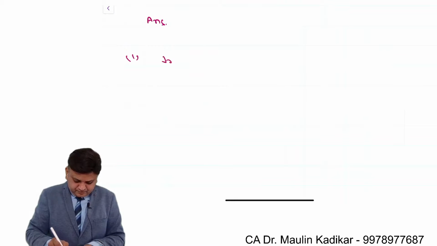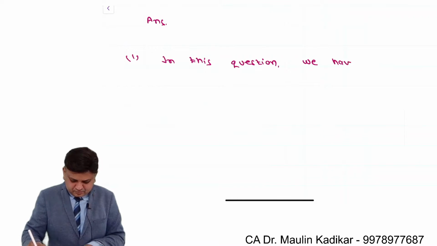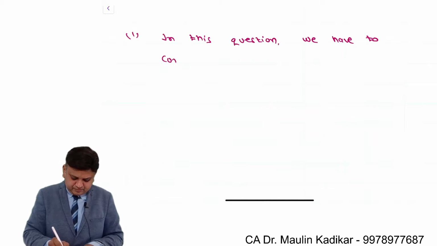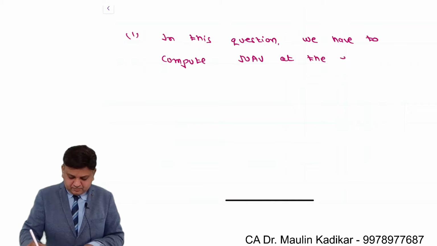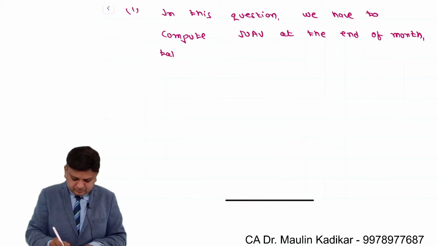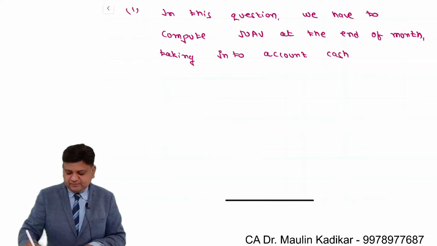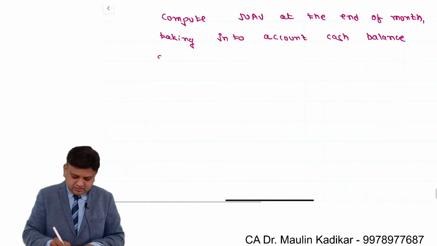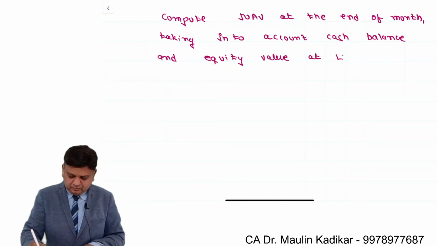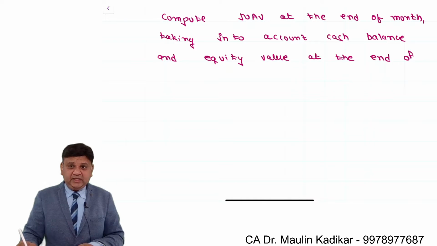First point: in this question, we have to compute net asset value at the end of the month, taking into account cash balance and equity value at the end of the month.